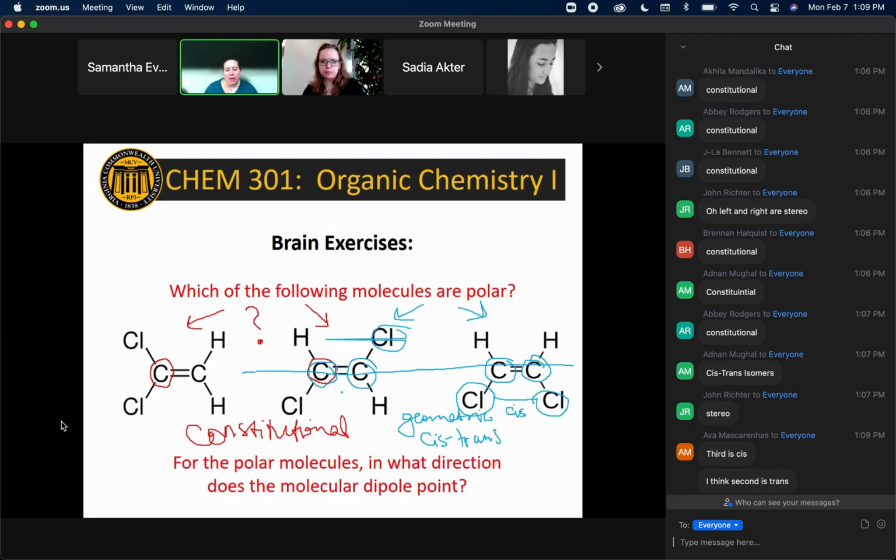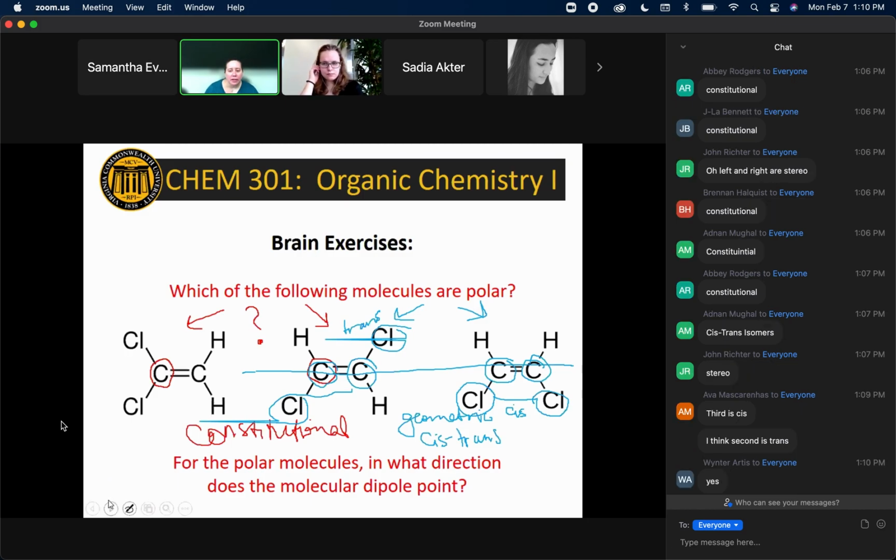And if the matching pair is on the opposite side, then they're trans. Okay, I know the slide's gotten kind of crazy, but do you guys see what I'm talking about here with the cis and the trans and the types of isomers? Yep. Cool. All right, let's get back to the laser pointer.